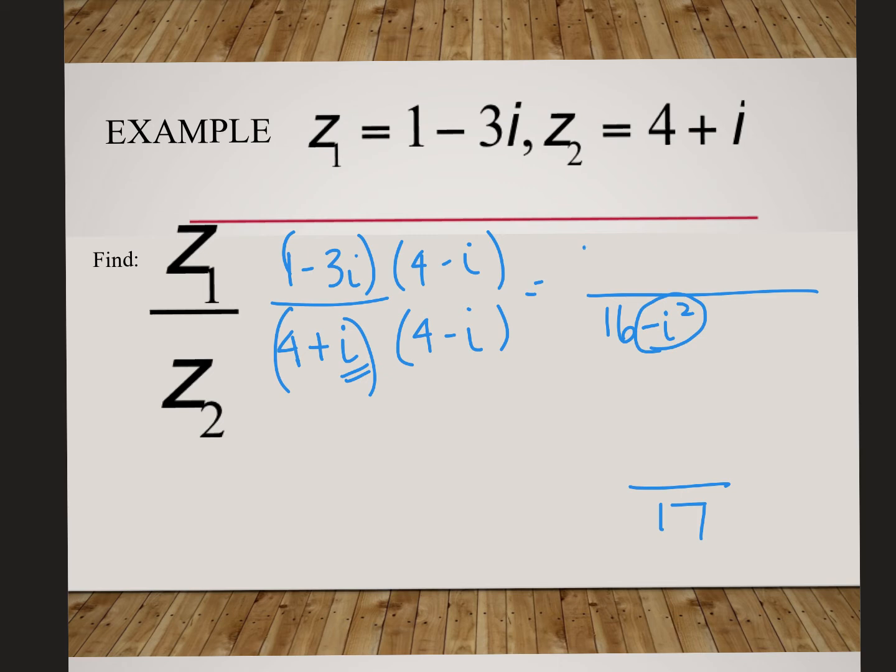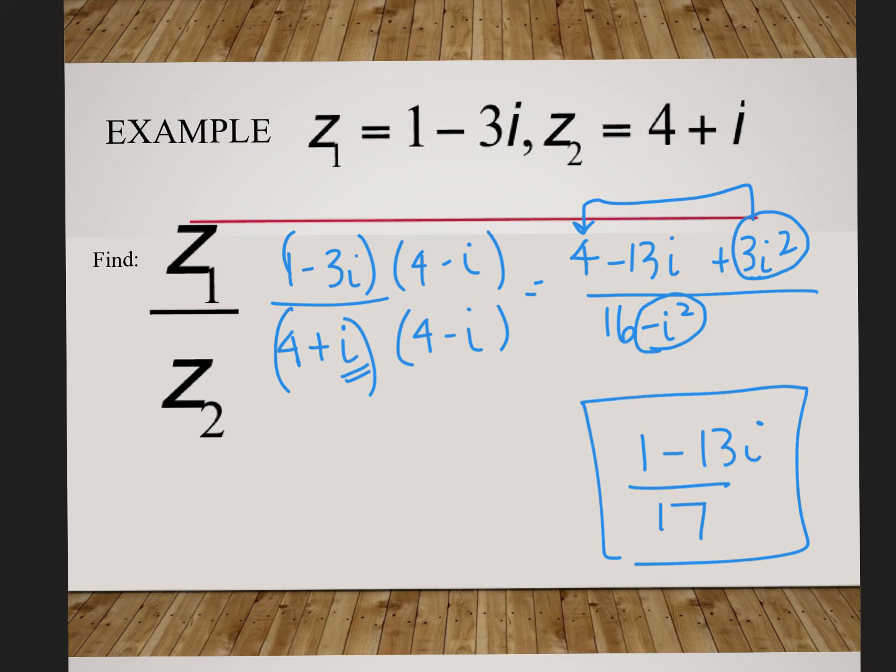So the first term's 4, the outer and the inner become negative 13i, and the last is 3i squared, or in other words, negative 3. So negative 3 and 4 make 1, and this negative 13i comes down. That is the answer to this problem.